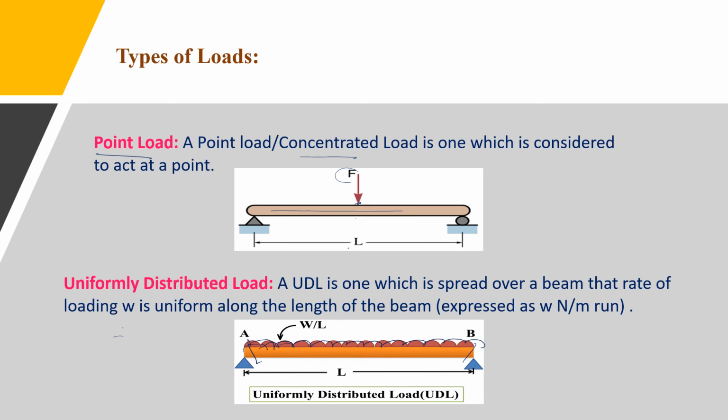So along the length of the beam the load is W per L. This can be expressed as W Newton per meter run. In a point load, the load is considered to act at one point only. And this is a uniformly distributed load: the load is spread over the beam, at a rate of loading along the length of the beam.